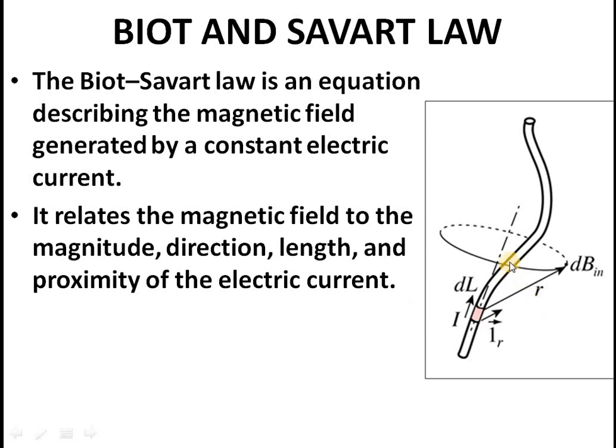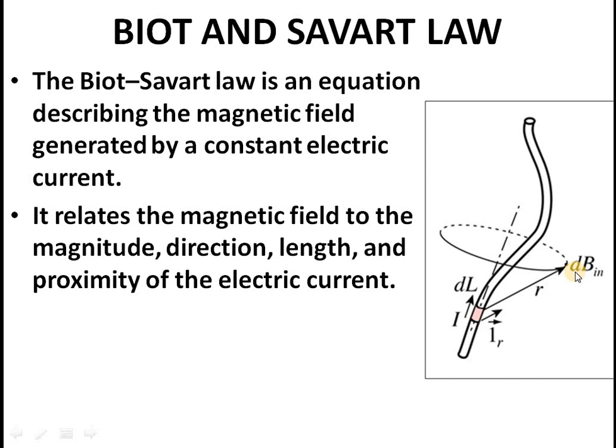Proximity simply implies the distance of that point, whichever point you are talking about, from the wire element. Of course the distance varies with the wire element, but we have certain special, regular geometries which we can use to find the magnetic field.